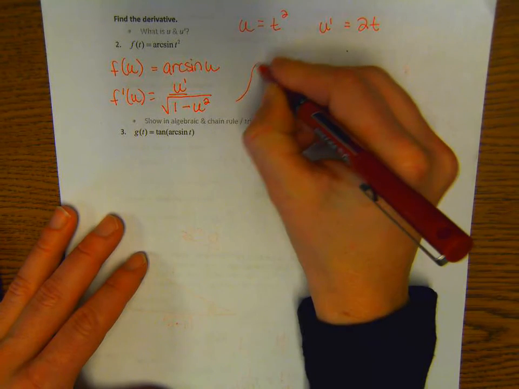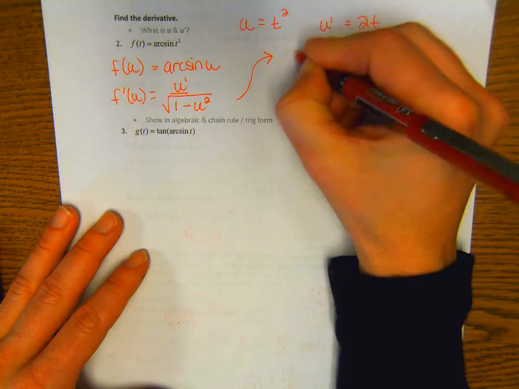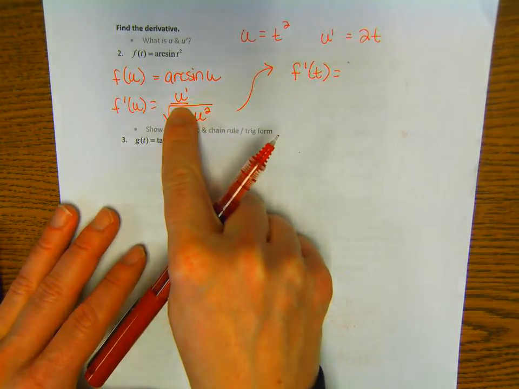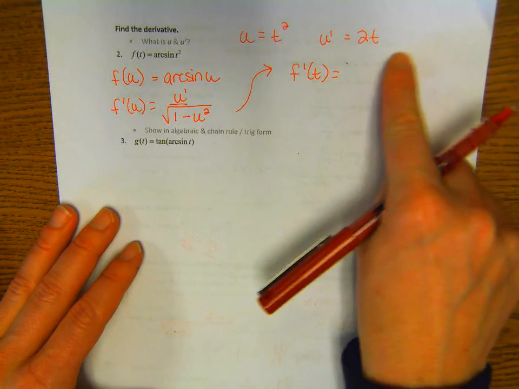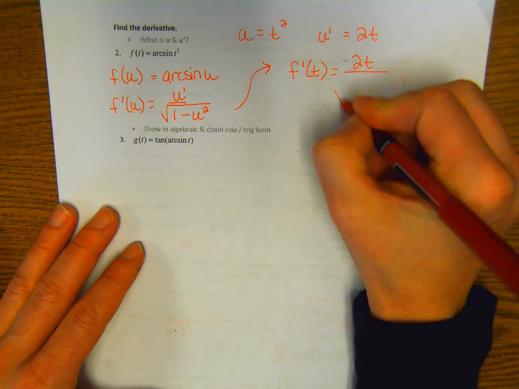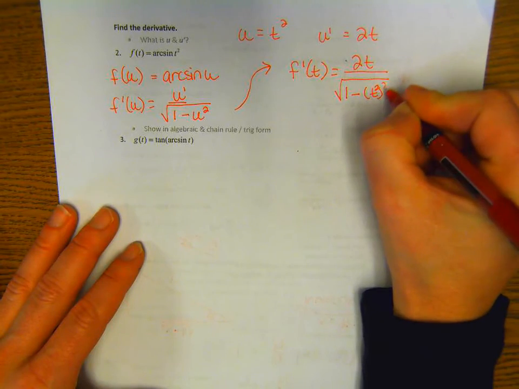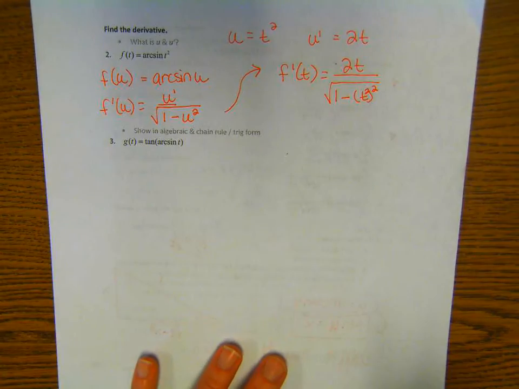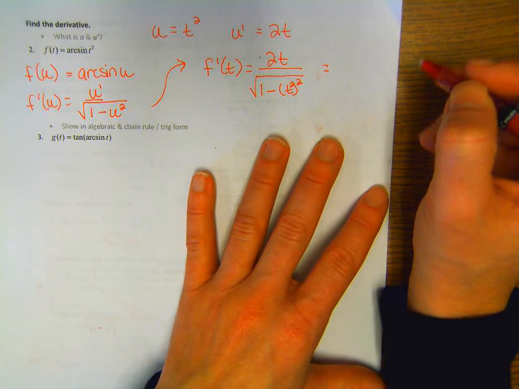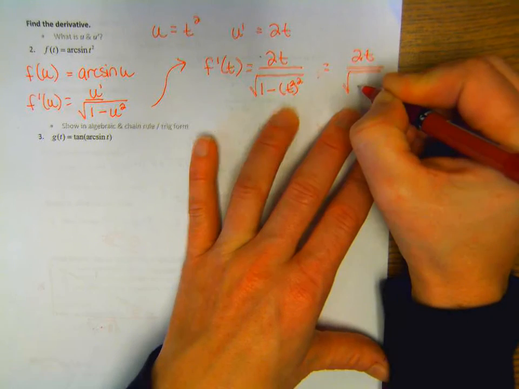On top, instead of u prime, I'm going to put the derivative of t squared, which is 2t, and on the bottom would be 1 minus t squared squared, which is t to the 4th. Good. So the derivative would be 2t over the square root of 1 minus t to the 4th.